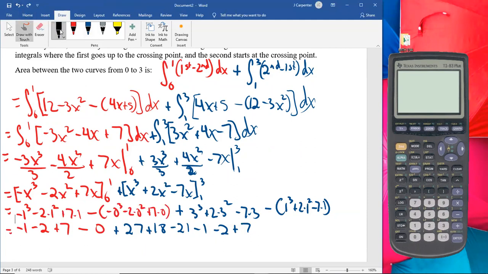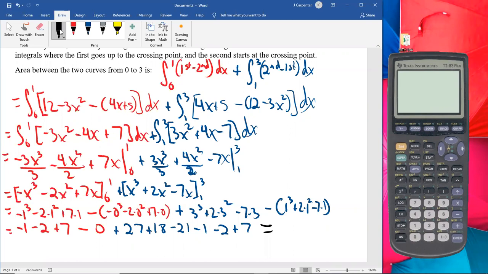All right, finally, let's do all of this combination. Negative 1 minus 2, that's negative 3, plus 7 is 4, plus 27 is 31, plus 18, that's 23, minus 21 is 2. Wait, I did something wrong somewhere. I think I subtracted there, didn't I? Let me start over.